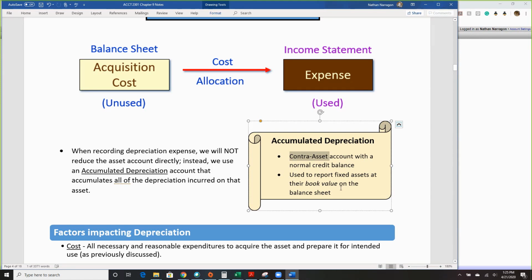Okay? So an increase by credit, it bucks the trend of all other assets. We also use this to report what is known as book value. And book value, again, is going to be basically your cost minus accumulated depreciation.